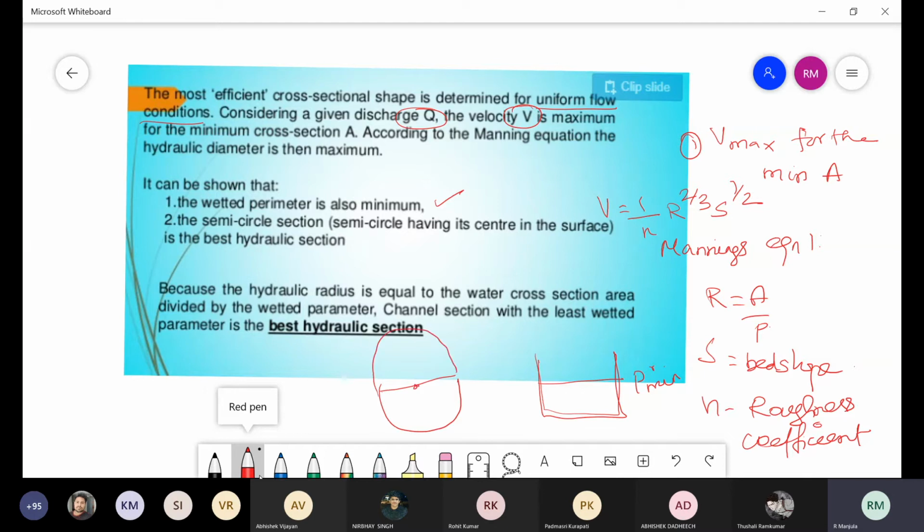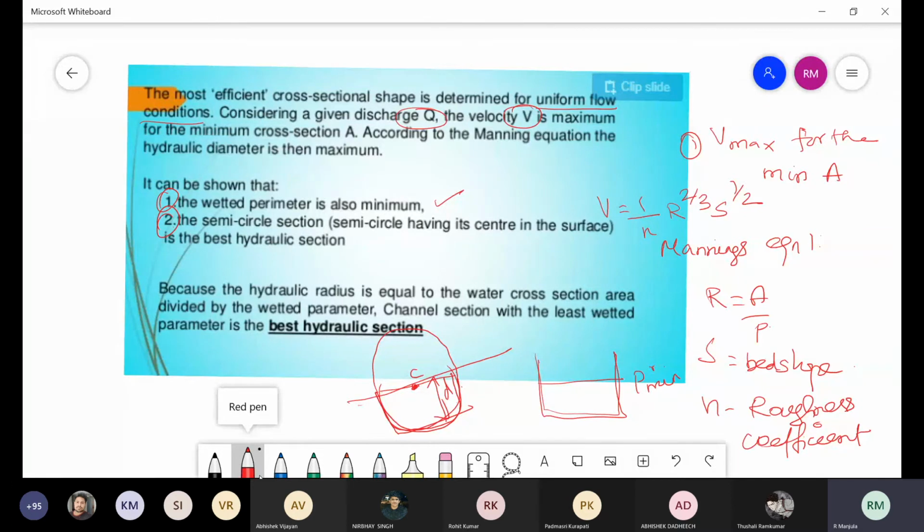Suppose this is the circular section, with the center at the surface. This is the surface, and this could be D, the depth of flow. This is also the best hydraulic section. This is condition 2 for a semicircular section.